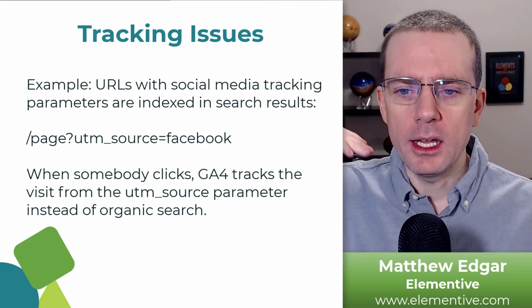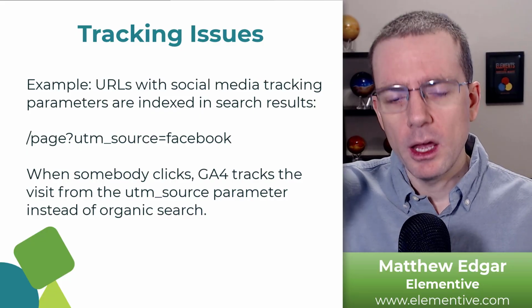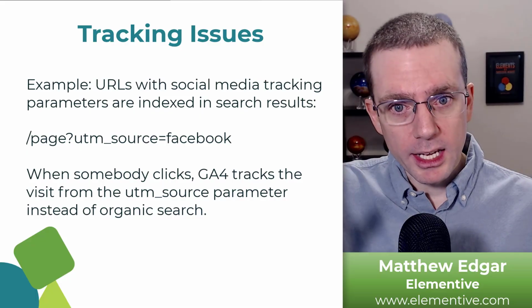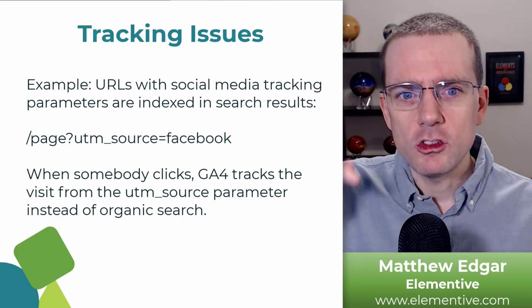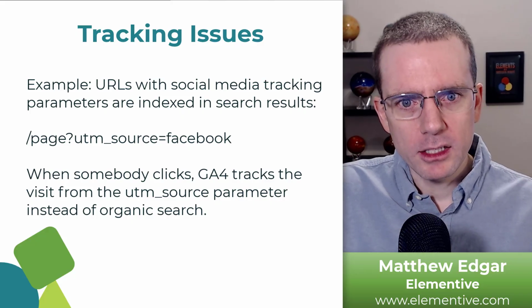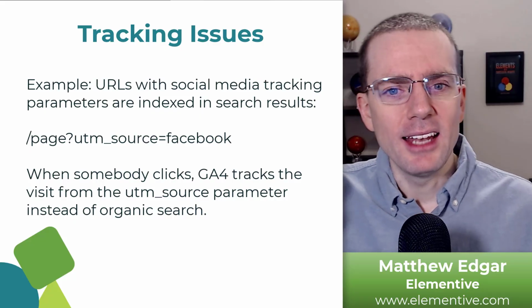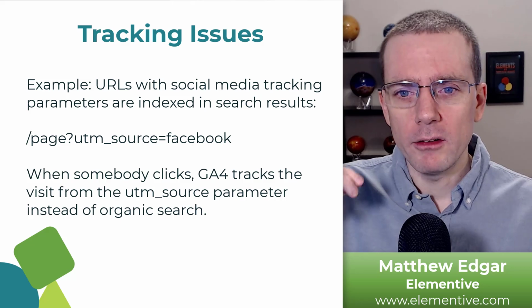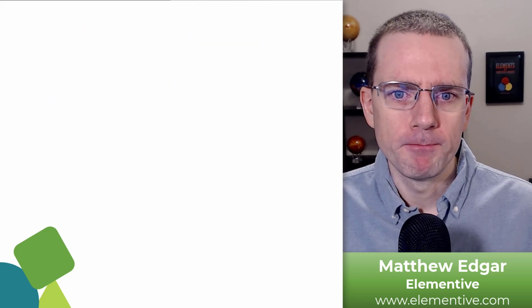So now in organic search results, we have URLs ranking with tracking parameters that will say this particular URL or this particular click came from a social media site. So in that case, GA4 or some other web analytics tool is going to track the visit as if it's from social media and not organic search. That distorts our understanding of performance and how well organic search might be working.